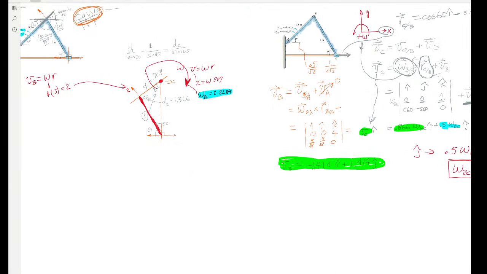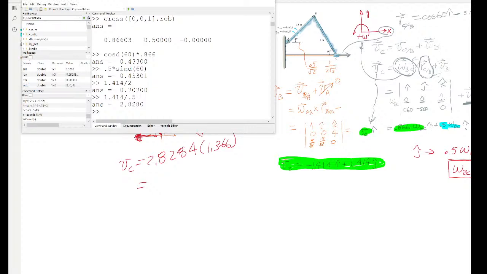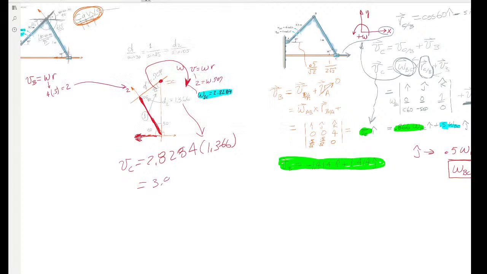But I can go back and do it, and that is I didn't actually find my velocity of C. But if I wanted to do that, velocity of C is equal to 2.8284 times this distance, or arm, of 1.366, which should give me, now I'm back at the instant centers, 2.8284 times 1.366, 3.86, and I'm too tired to write the digits.